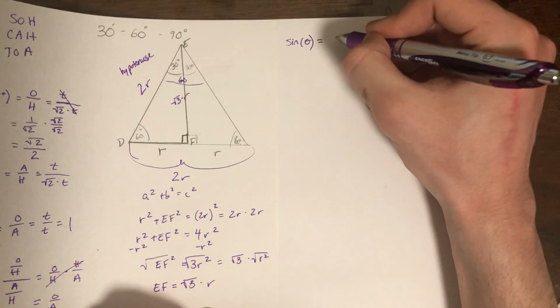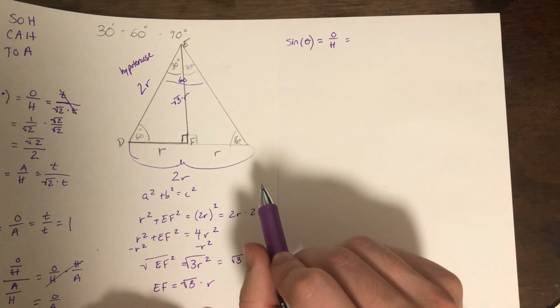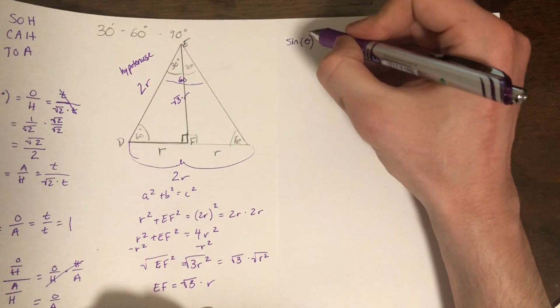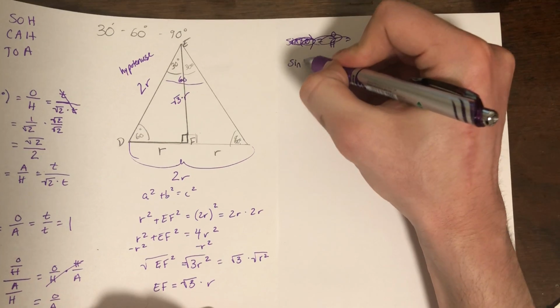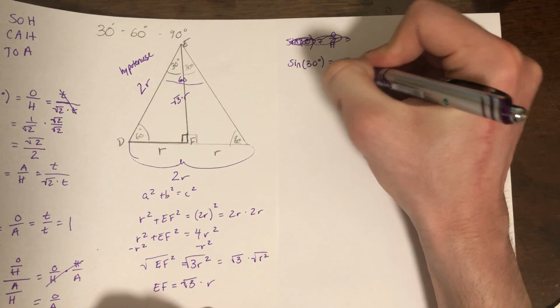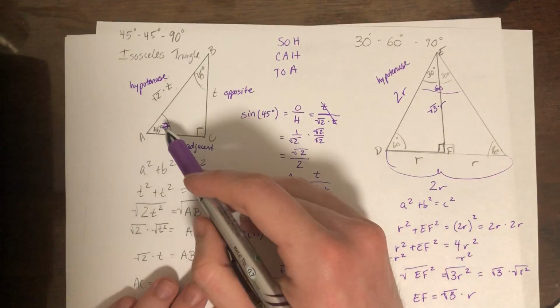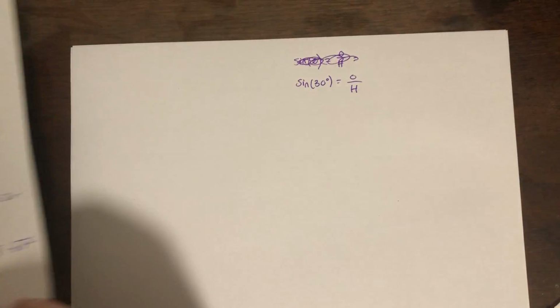That's equal to opposite over hypotenuse. Actually, I shouldn't write sine of theta. I should write sine of 30, so I know what angle I'm talking about. This is why it's a little bit trickier than the 45, 45, 90, because it didn't matter which my reference angle was. Now it actually does matter quite a bit.